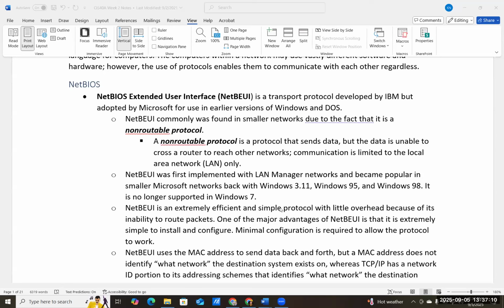Now, NetBEUI, or NetBIOS Extended User Interface, is an older protocol, what we call a legacy protocol. This was primarily made for older systems like Windows or DOS. So why are we still learning it today? Because when you're installing Windows, NetBEUI is still used today in the back as a way to determine the host name.